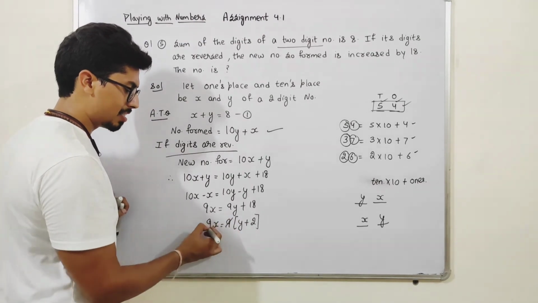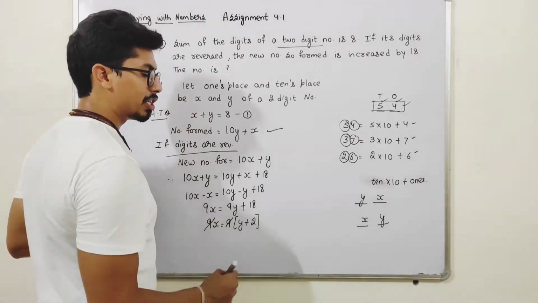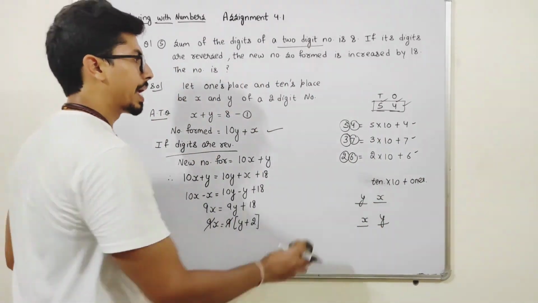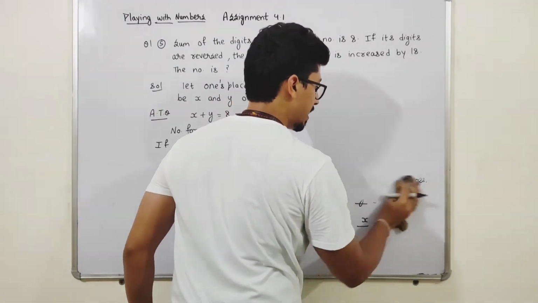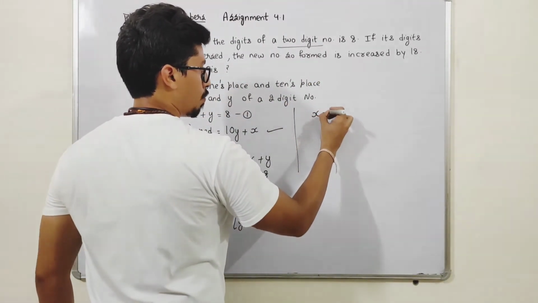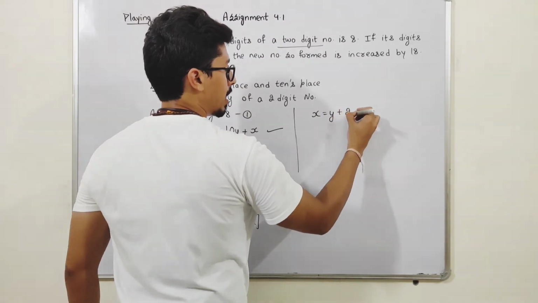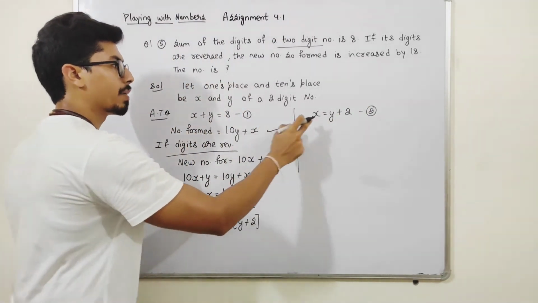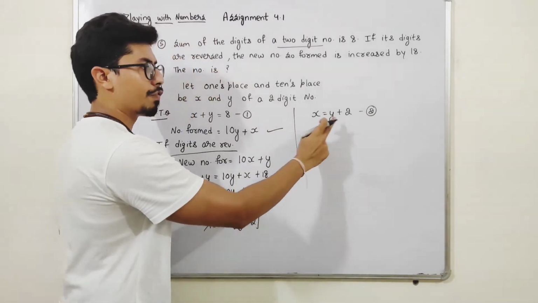I can cancel these two numbers, 9 and 9. So the equation will be x is equal to y plus 2. Name it as equation number 2, students. So I have two equations, equation 1 and equation 2.